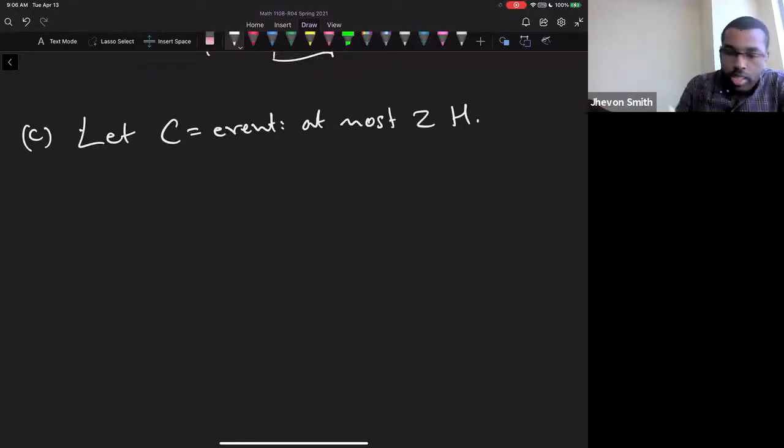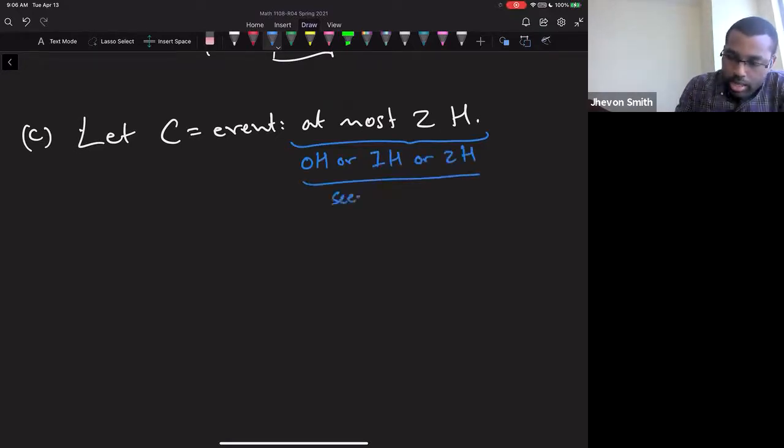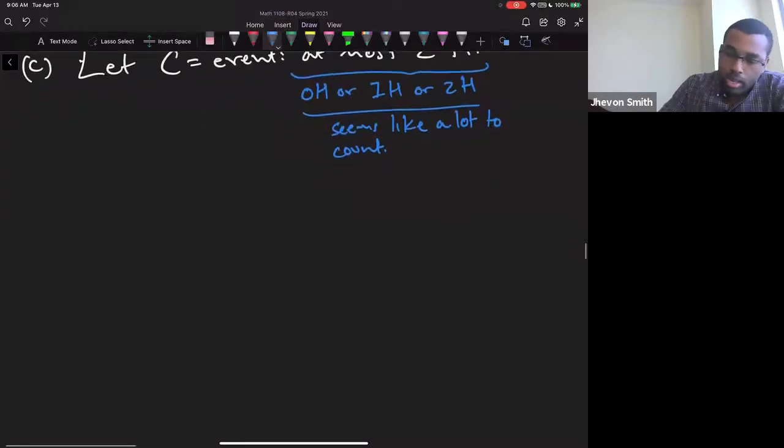So this is a bunch of stuff to count. This part means 0H or 1H or 2 H's, right? This seems like a lot. Like you'd have to count 3 different situations for this one problem. It's kind of overkill. So that's when you think about complements.